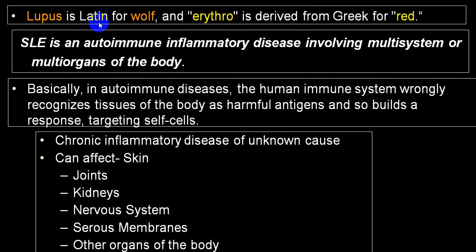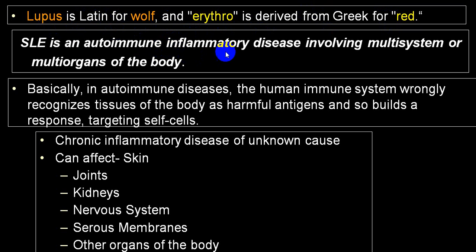The word lupus is derived from Latin, which means wolf, and erythro means red, and that's why it is called systemic lupus erythematosus.